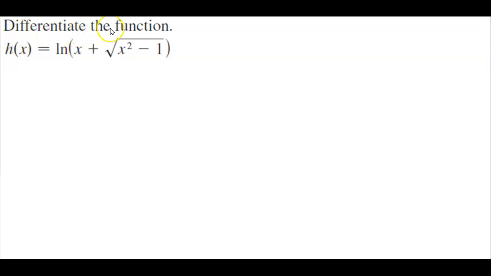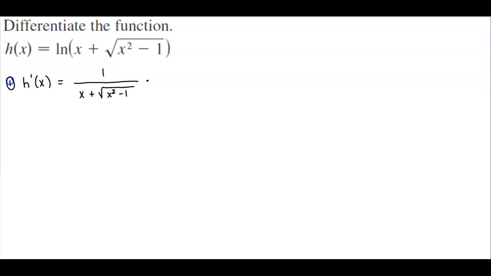Okay, here you want to differentiate the function h of x, which is equal to the natural log of x plus the square root of x squared minus 1. So if we want to take the derivative of this function, we know first we have 1 over x plus the square root of x squared minus 1.